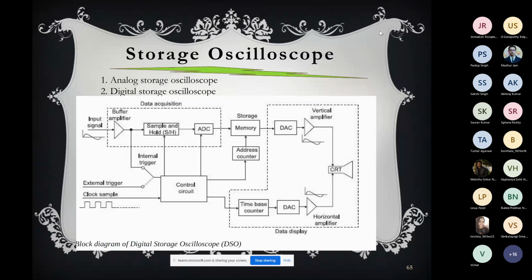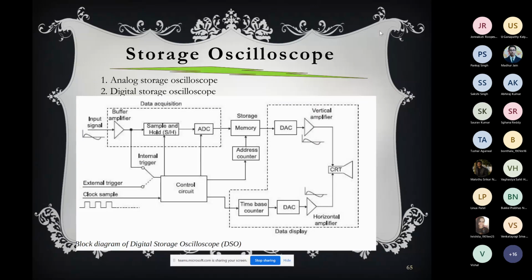Whatever CRO we discussed, we can see the displayed signal. You can take a photo also, that is not an issue, but the measurement system itself is not capable of capturing or storing the data.